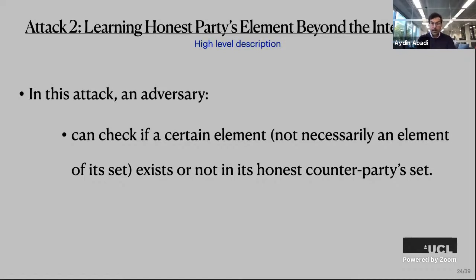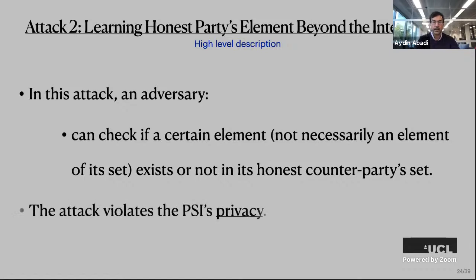The adversary can exploit this flaw to check whether certain elements exist in its honest party's set. And this element is not necessarily in the adversary's input set. Therefore, this attack can violate the protocol's privacy, because the adversary can learn an element beyond the intersection.